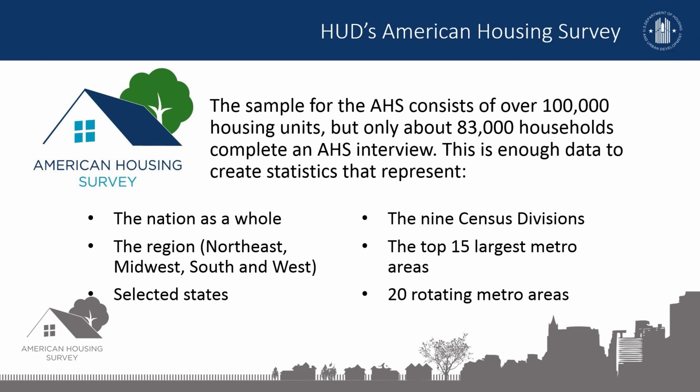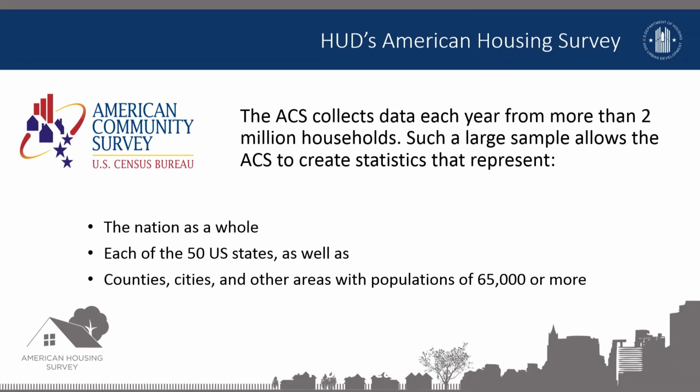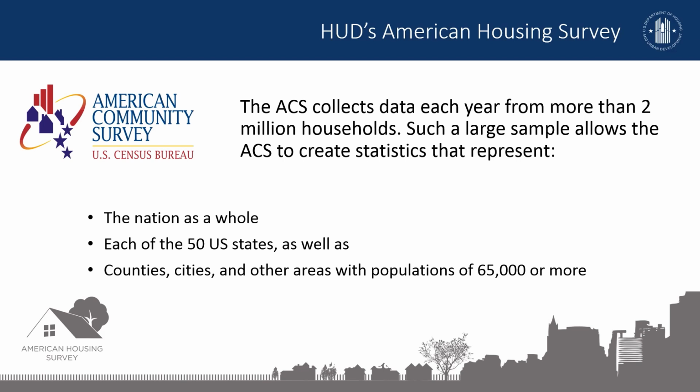This is enough data to create statistics that represent the nation as a whole, the region, Northeast, Midwest, South, and West, select states, the 9 census divisions, the top 15 largest metro areas, and 20 rotating metro areas. The AHS does not have a large enough sample to generate statistics specific to smaller areas such as cities, towns, or census tracts.